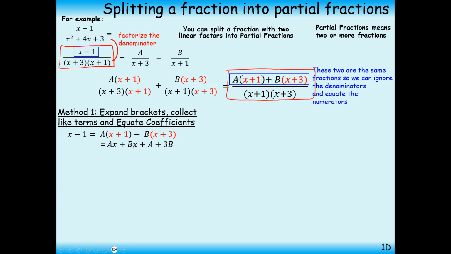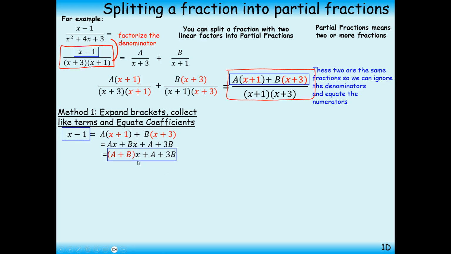Once you multiply the brackets, you collect like terms with each other. That means you can factorize the x out of ax and bx, so you'll have a plus b in front of the x. This is called the coefficient of x. What's on the left and what's on the right need to match up.